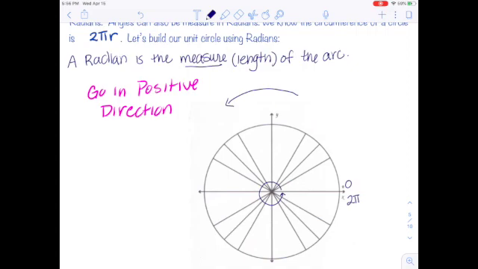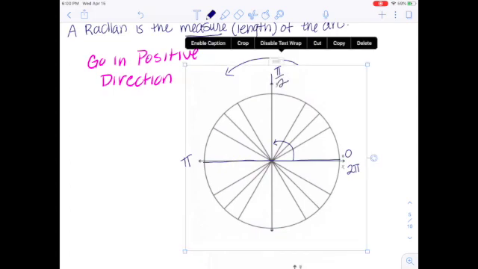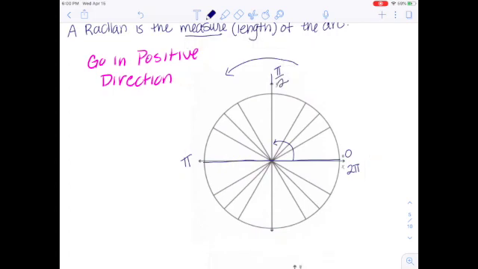If all the way around is 2 pi, then half of that would be pi. And then you cut that up even further, and your semicircle gets cut in half, and now you're going from your initial side to what is 90 degrees, but in radians that would be half of pi, which is pi over 2.